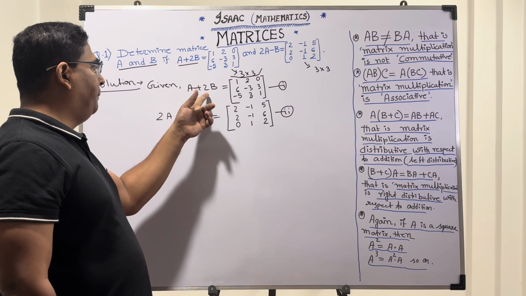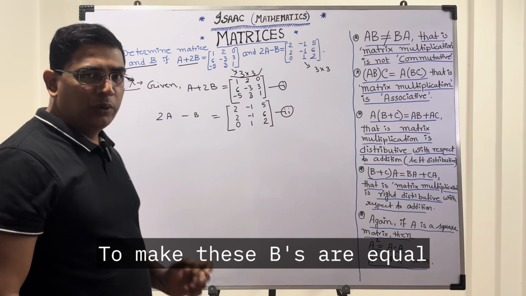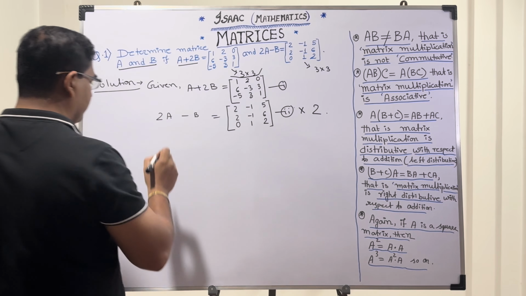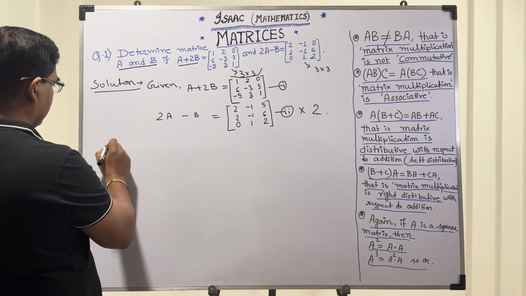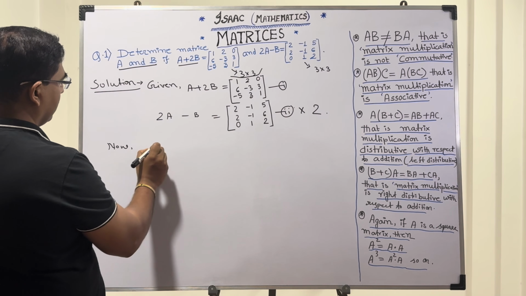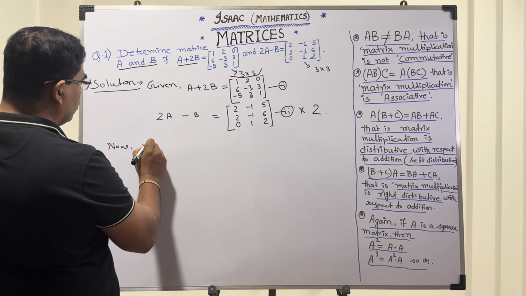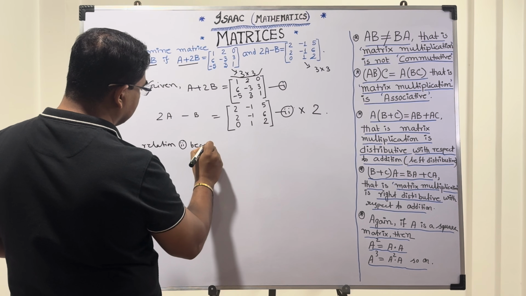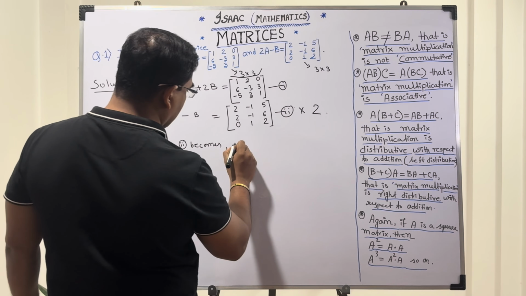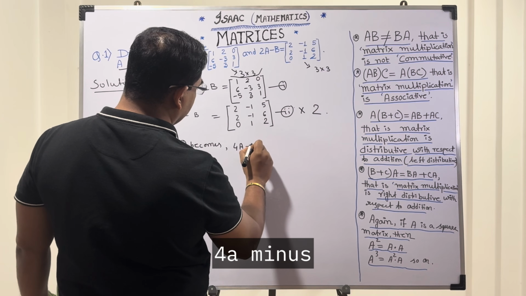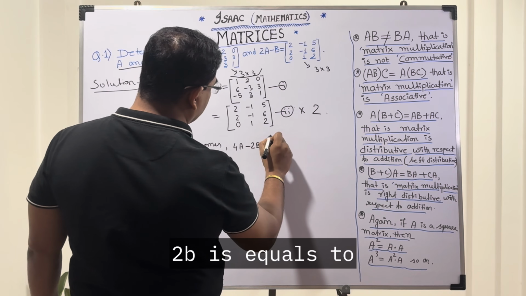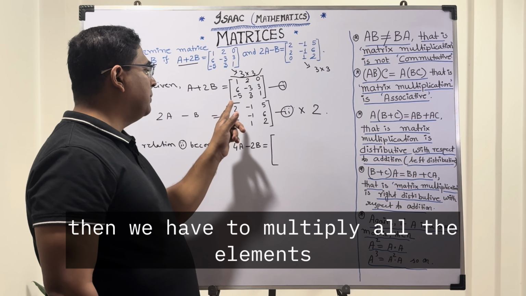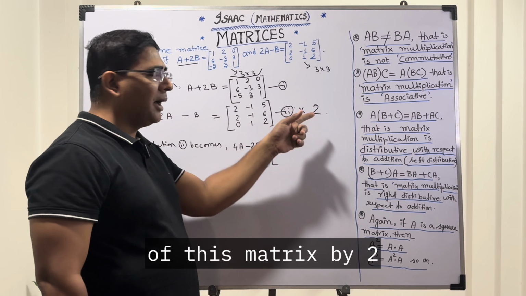To make these B's equal, we have to multiply equation 2 by 2. Now relation 2 becomes 4A - 2B is equal to, when we multiply this matrix by 2, then we have to multiply all the elements of this matrix by 2.